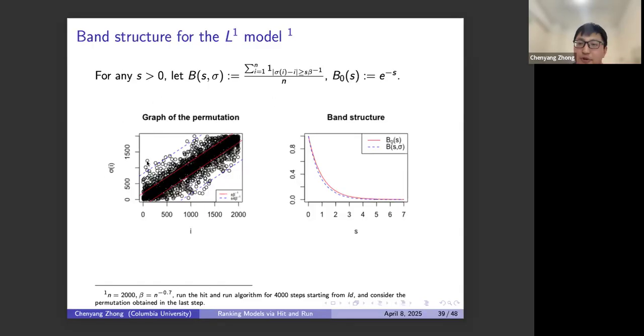So each dot here represents a point with coordinates i and sigma(i). So i runs from 1 up to 2000, and sigma(i) also runs from 1 up to 2000. So from this picture, we can see that most of the points drawn from this permutation model are clustered around the diagonal. So the diagonal is from (0, 0) to (2000, 2000). Most of the points seem to fall inside a band. And this is the band structure that I'm referring to.